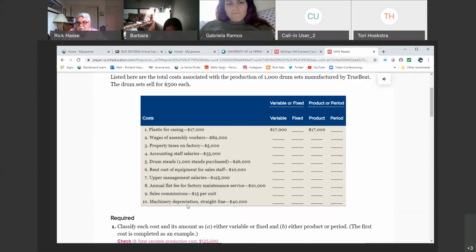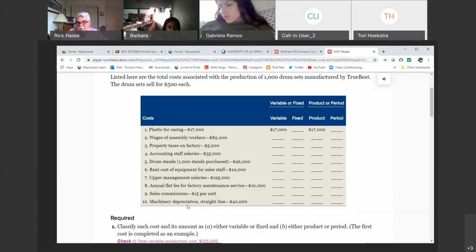So property taxes is a fixed cost. And it's considered a product cost. Why? Because it's property taxes on the factory where we're producing the product. All right? So number 3 is fixed and product.